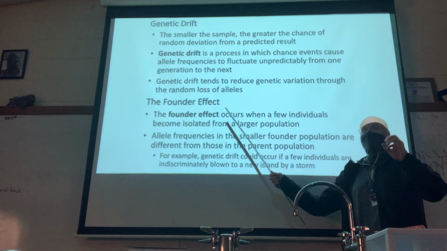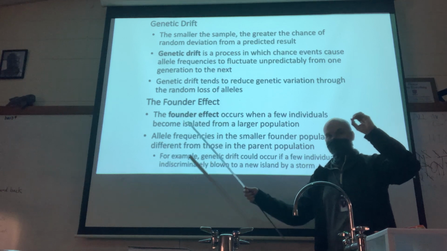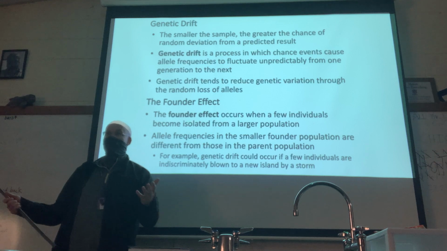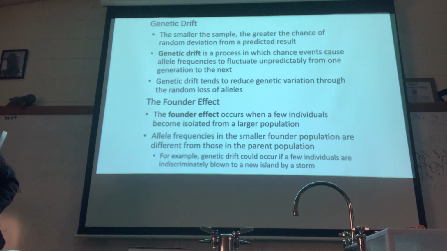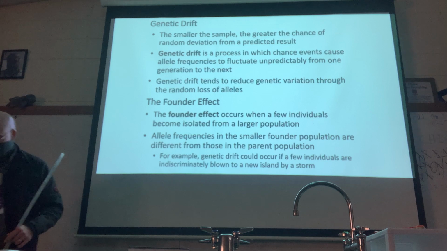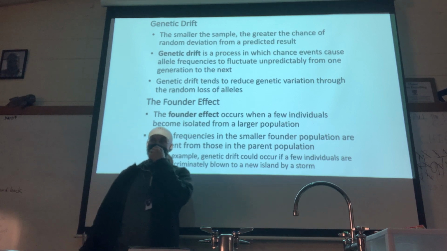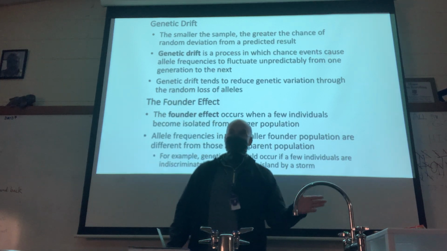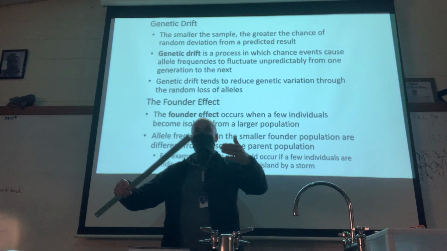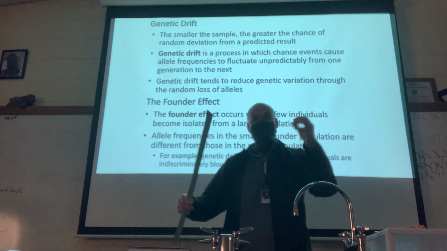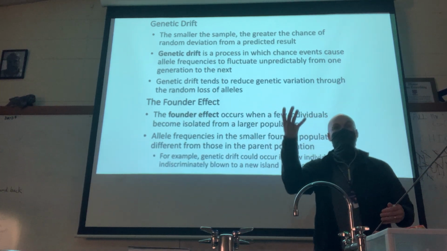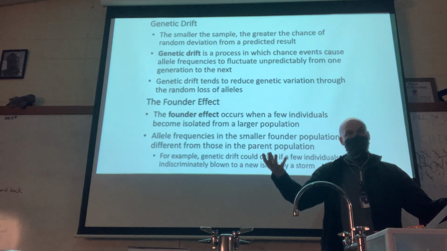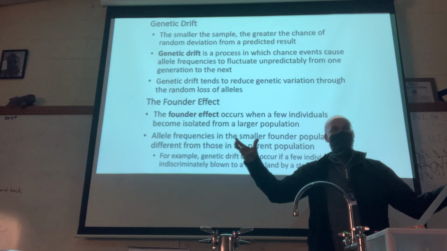But you can have small segments of a population break off and go somewhere else to a new environment, like an island. And then, over many generations, that new place, that island that was founded by this small group, it starts to look different than the original population that those founders came from.